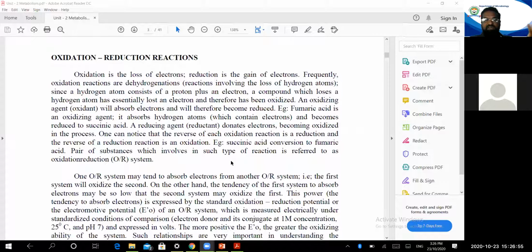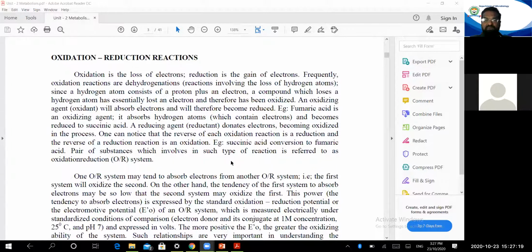They cannot be left freely in the cell. So what happens? The enzyme removes the electrons from the substrate molecule. Those electrons are temporarily transferred to some other molecule. So when a substrate is oxidized, an intermediate is reduced.